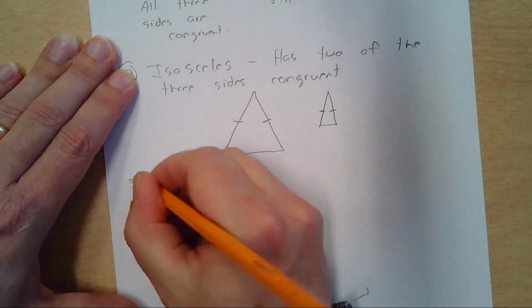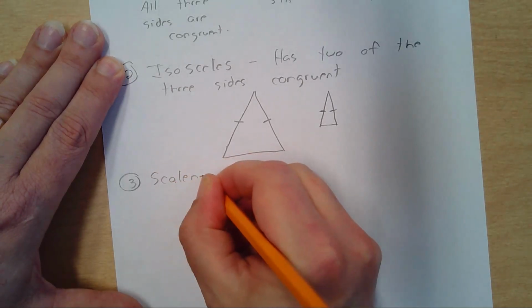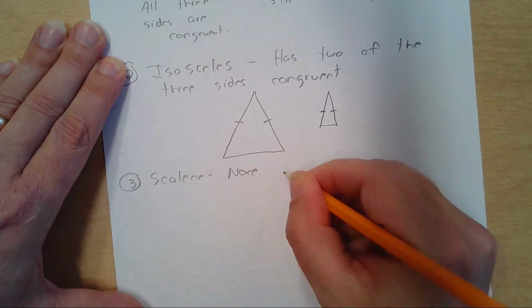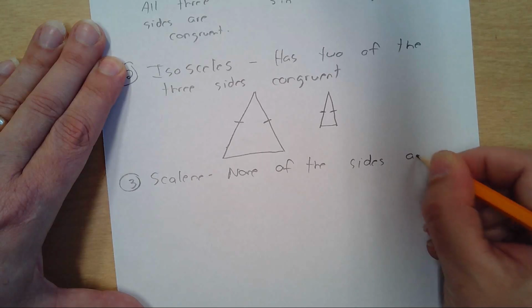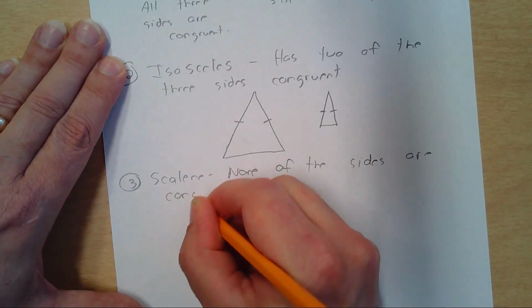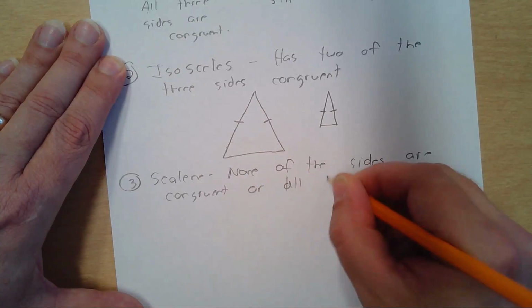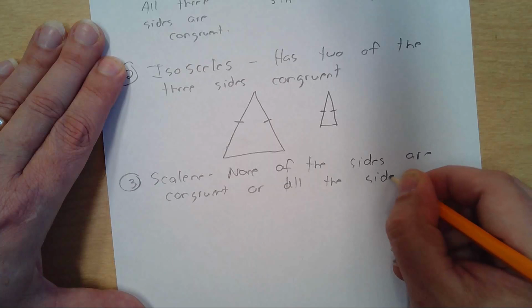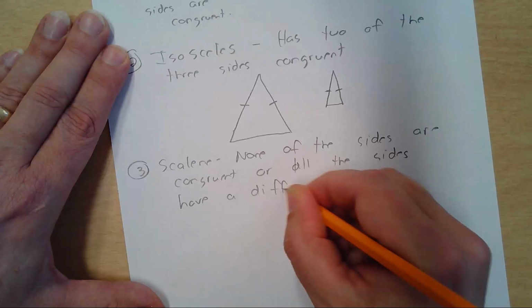And of course, that only leaves one thing left, the scalene. None of the sides are congruent, or all the sides have a different measurement.